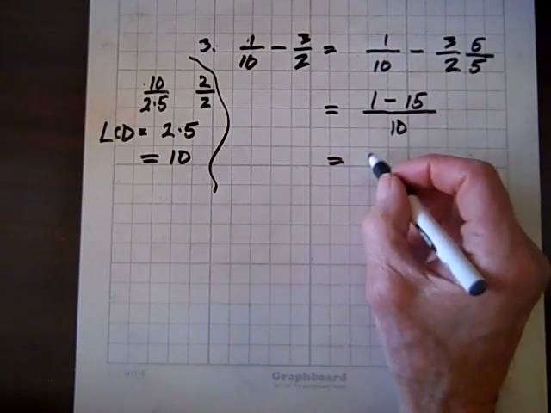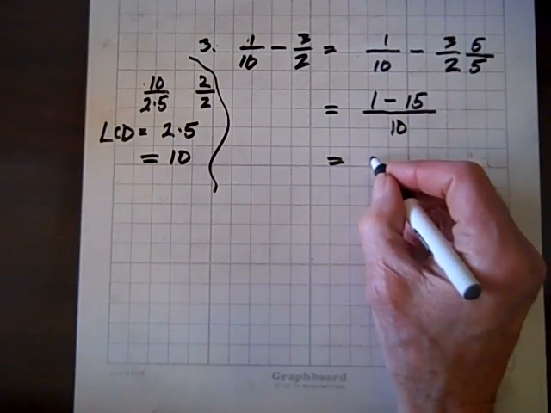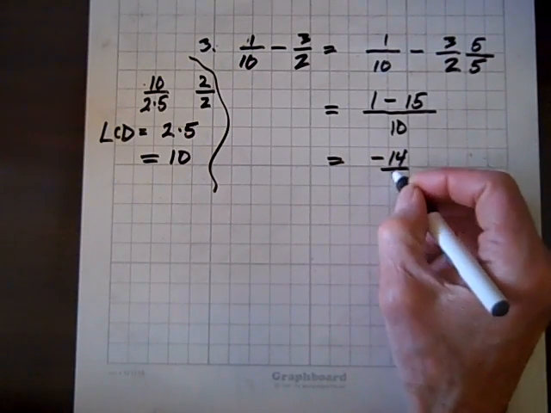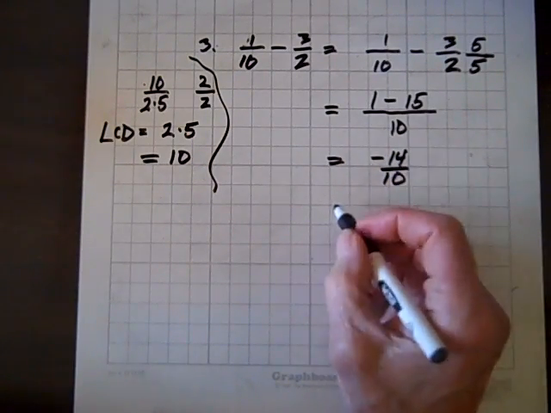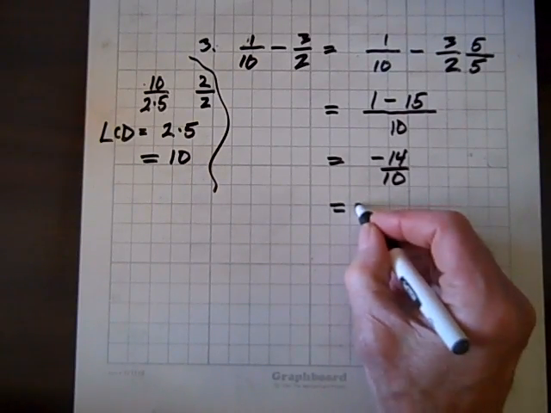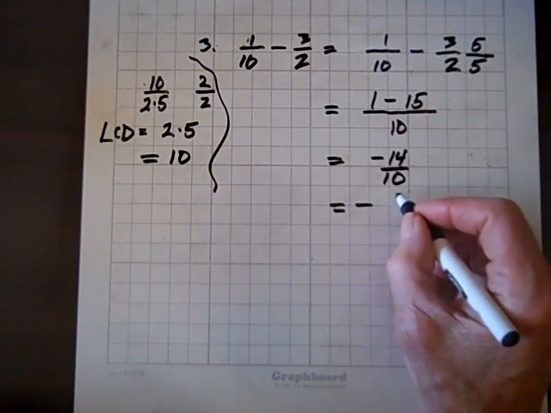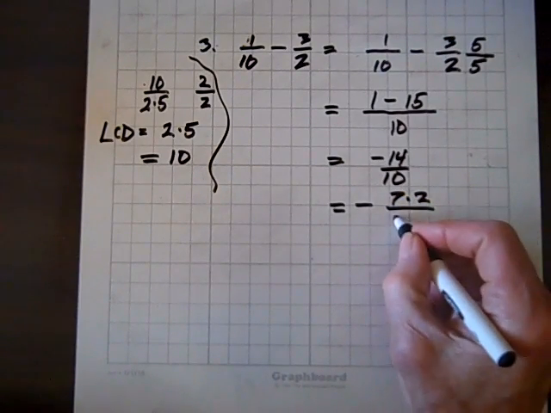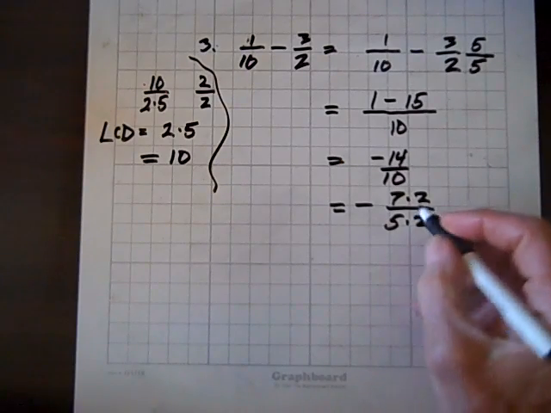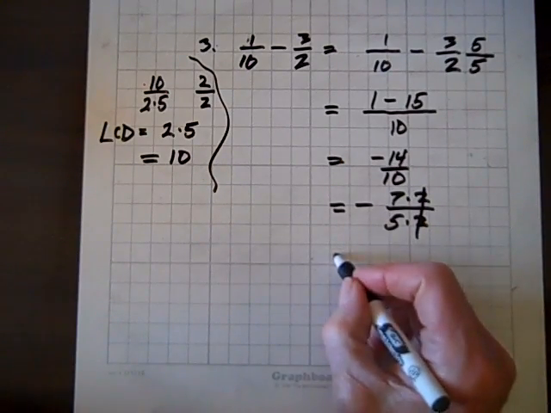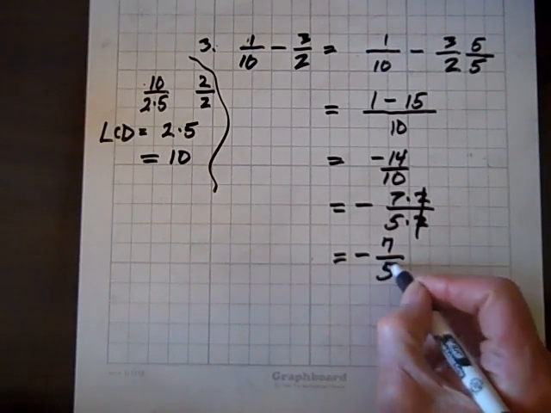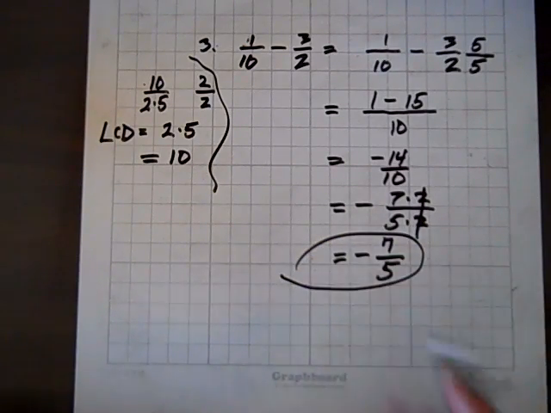And so now we have 1 minus 15 is negative 14 over 10. And that will reduce. I'll stick the negative out here because that's 7 times 2 and 5 times 2, and the 2's divide out, and now we get negative 7 over 5. And we're done. And that takes care of section 0.